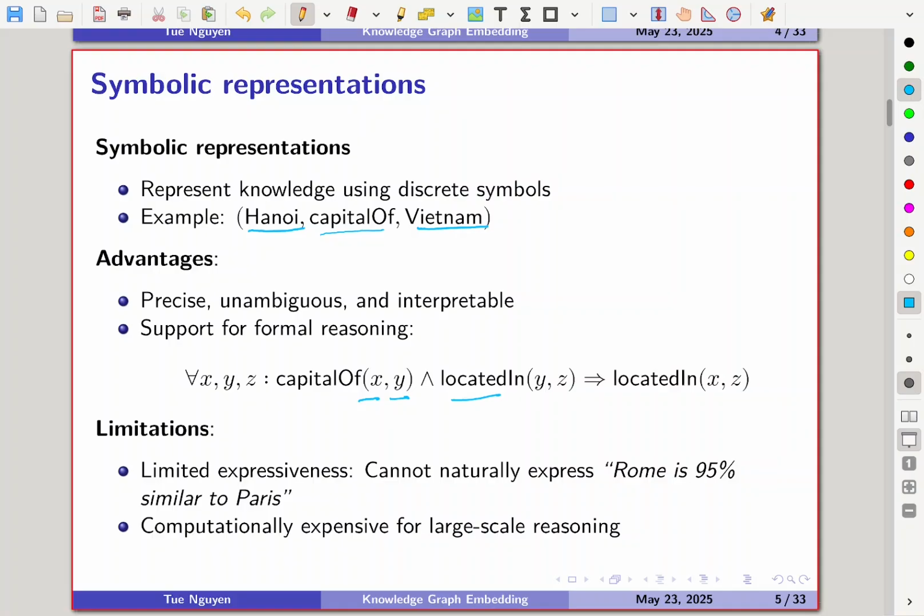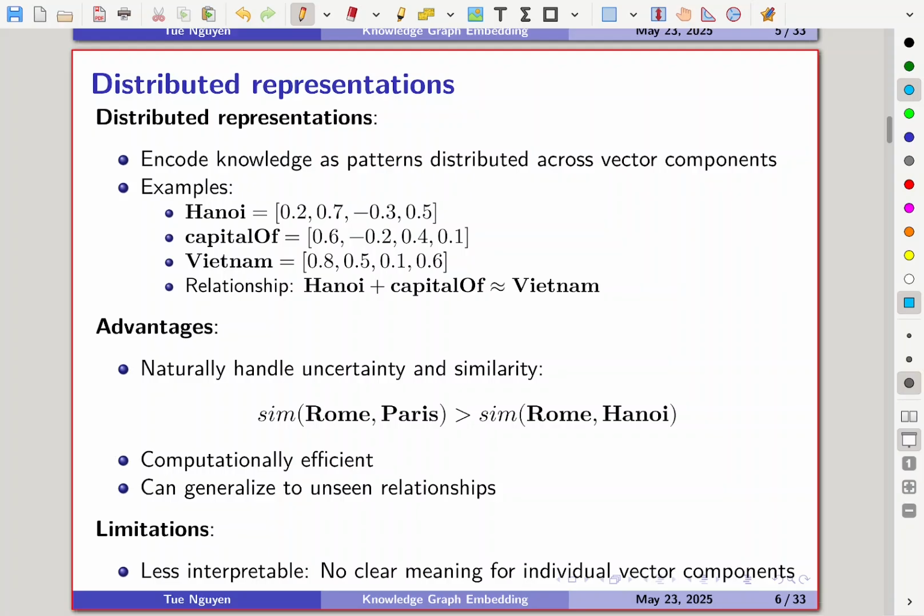for large-scale reasoning. So the second approach is to use a distributed representation. Now we will encode the knowledge as patterns distributed across vector components. For example, imagine we have R^4 and we can represent Hanoi by a vector in R^4.